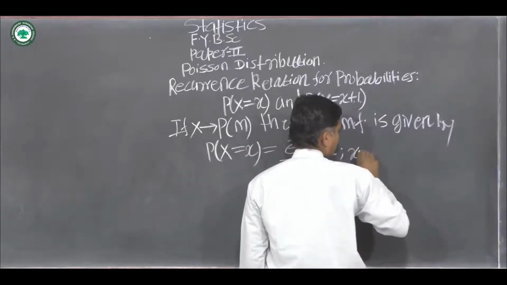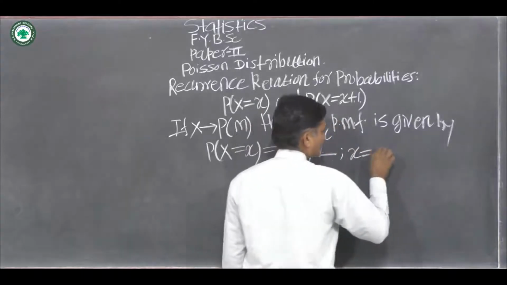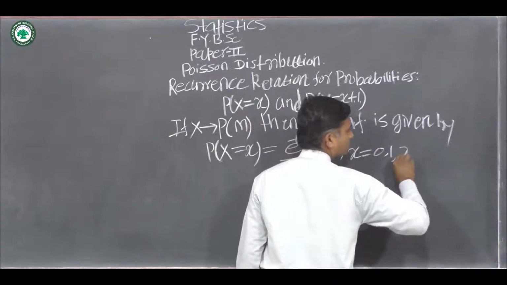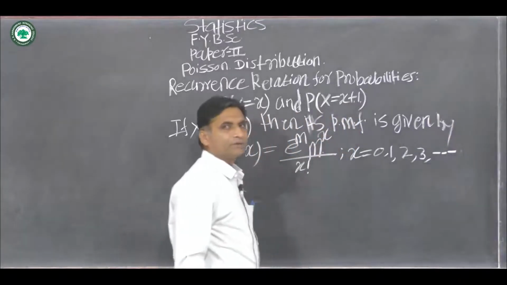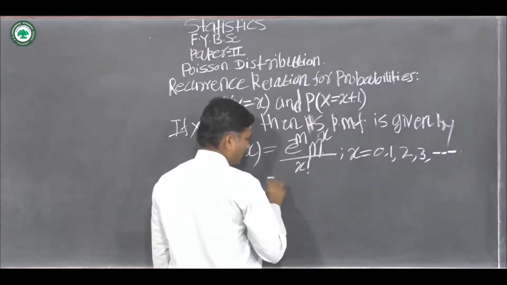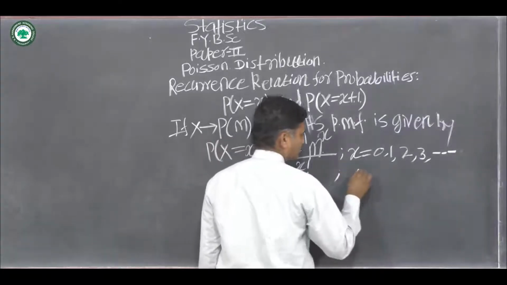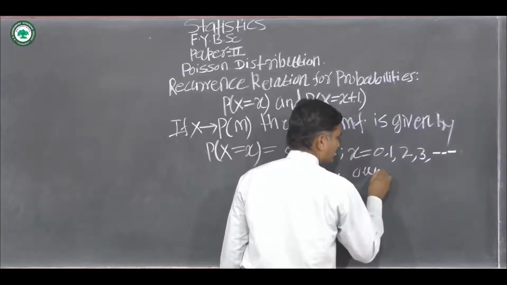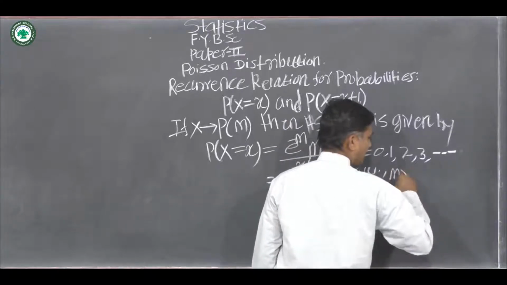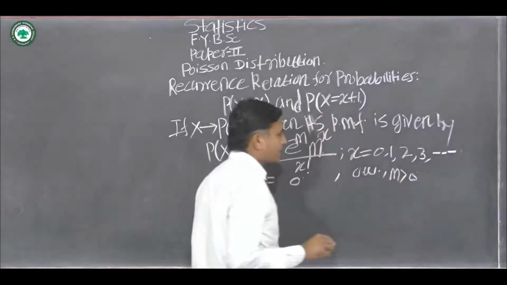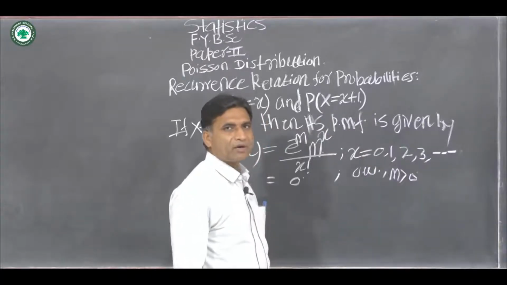Here x takes values 0, 1, 2, 3, and so on, 0 otherwise. Here parameter m is greater than 0, which is constant.